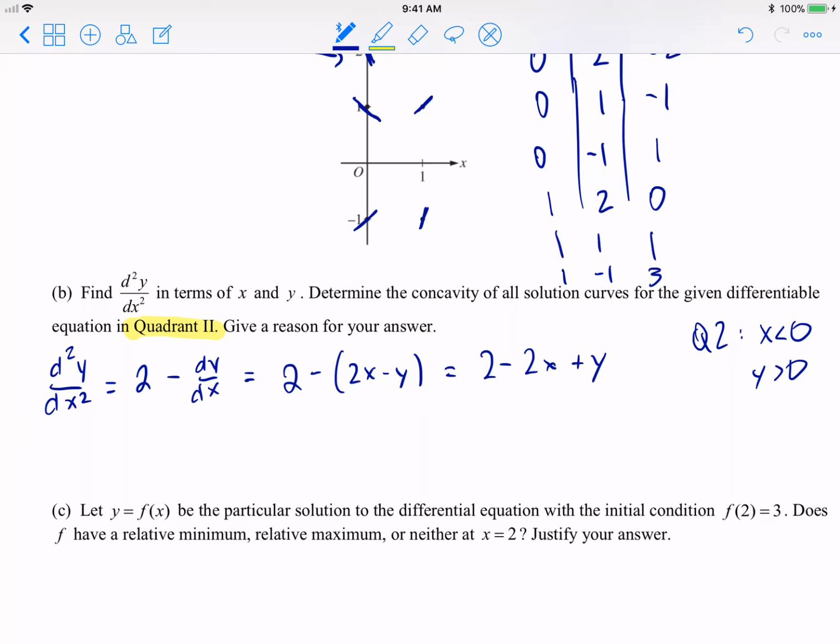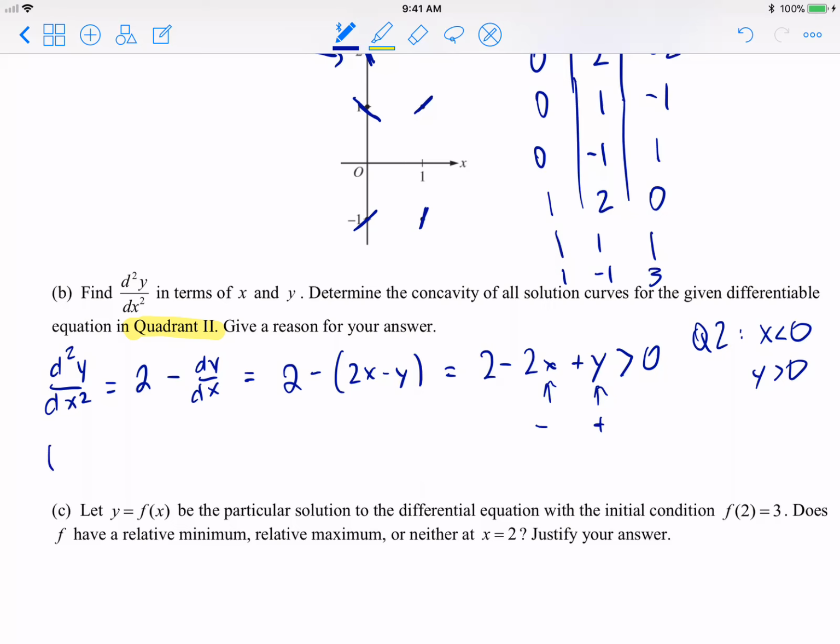Okay, so if I imagine plugging in a negative number for x and a positive number for y, then think about what that expression for the second derivative is going to be. 2 minus 2 times something negative is going to make that term go back to positive, and then plus something positive is going to remain positive. And so what I notice is that this is greater than 0 for every point in the second quadrant.